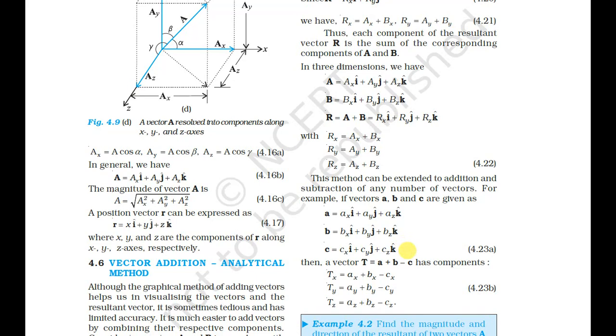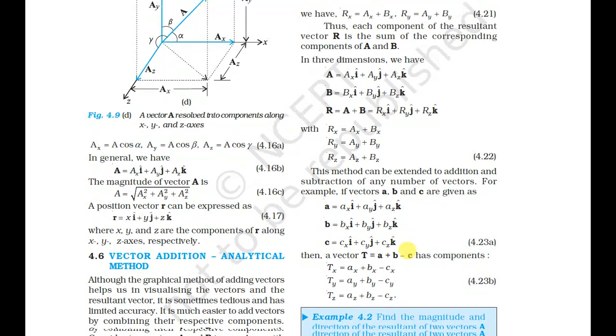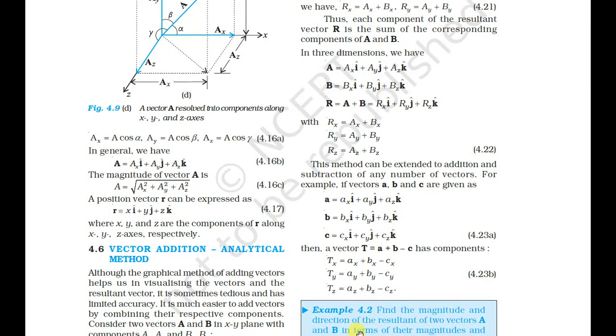Then vector T equals A plus B minus C has components Tx equals Ax plus Bx minus Cx, Ty equals Ay plus By minus Cy, and Tz equals Az plus Bz minus Cz. So this is vector addition by analytic methods.